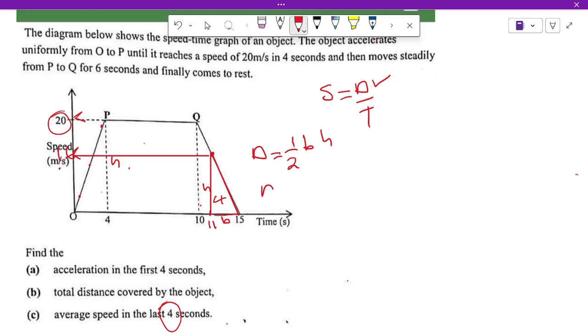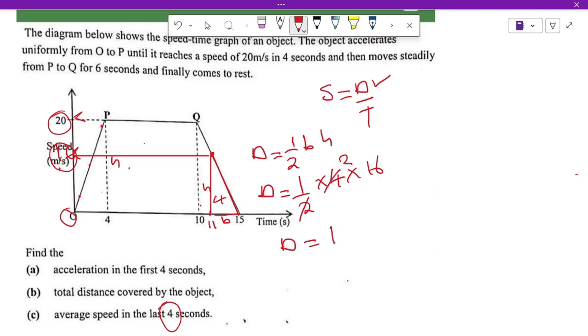So distance is equal to 1 over 2 times our breadth, 15 minus 11, that's 4, times the height, which is 16 minus the 0 there, giving 16. Then we can cancel 2 into 4, that's 2.